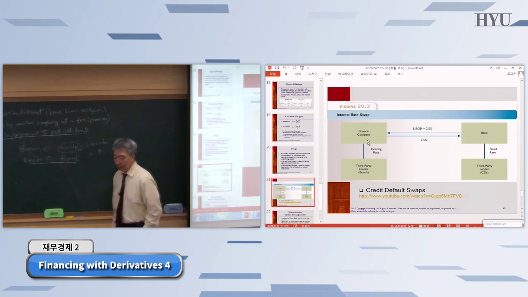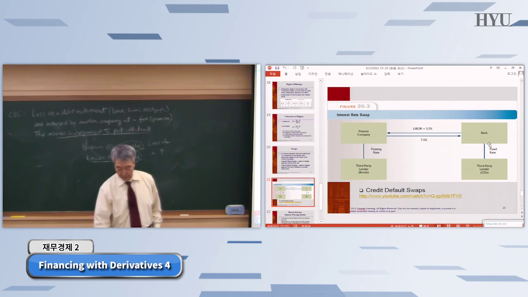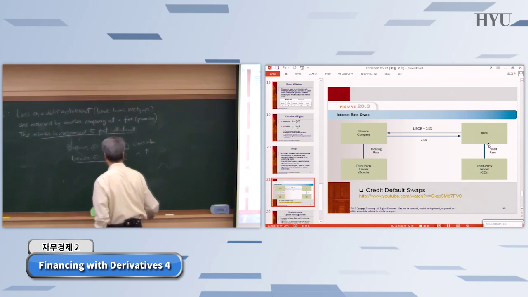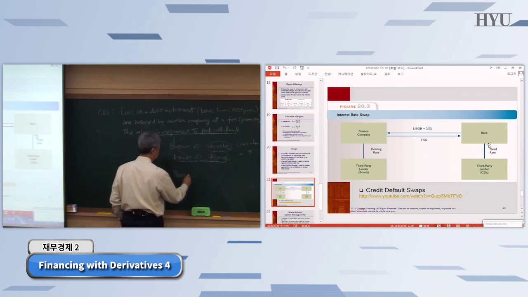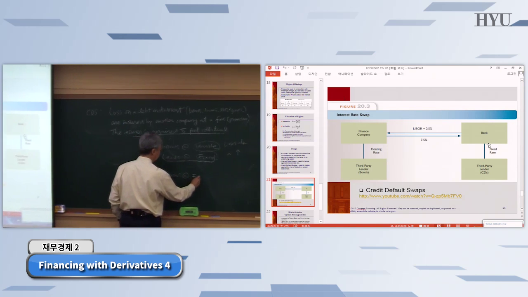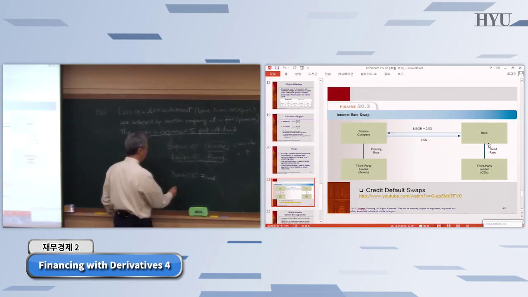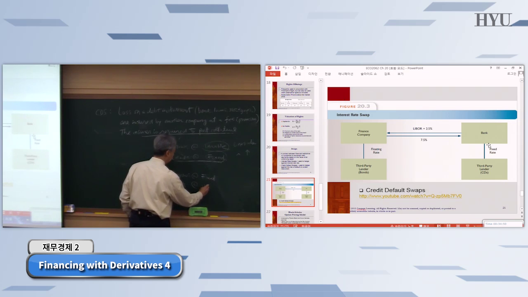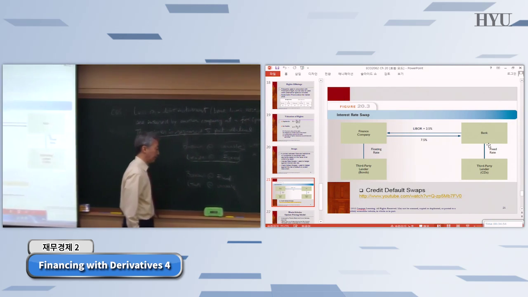Okay? On the other side, there is a bank. Right? And here the assumption is the bank borrows at fixed rate and lends at variable interest rate.